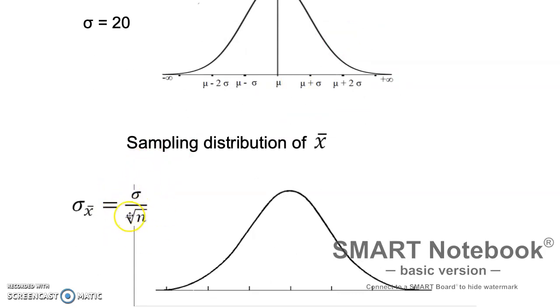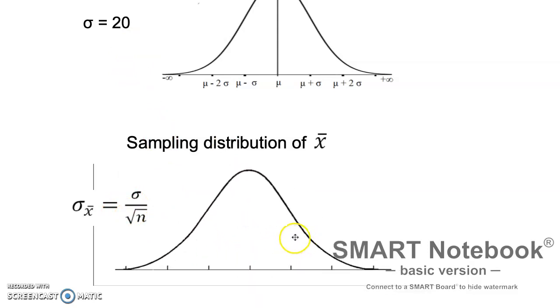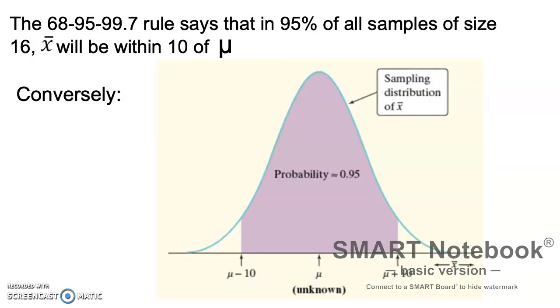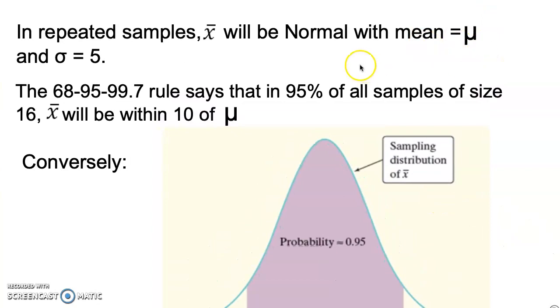This standard deviation becomes 5. So this distribution, this picture isn't a very good one, would be much narrower. So instead of going plus or minus 20, we're going plus or minus 5 here. In repeated samples, x bar would be normal with a mean of mu and a standard deviation of 5.